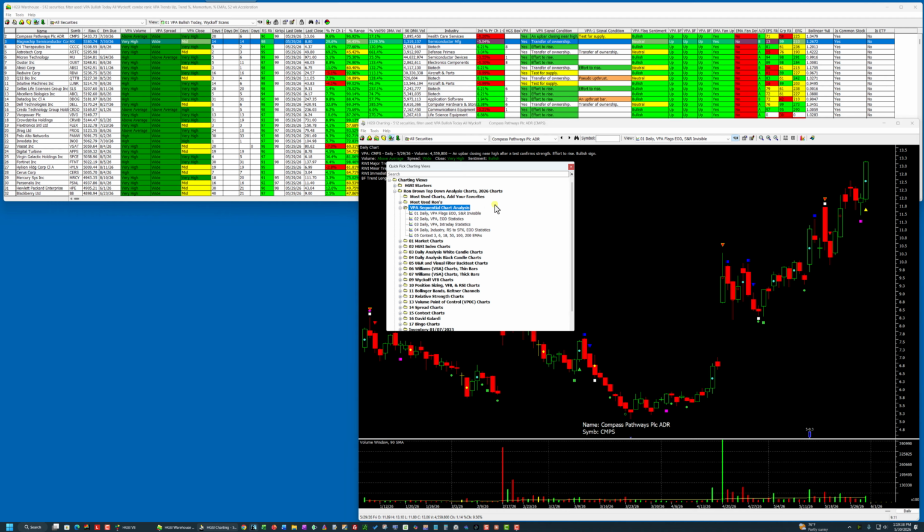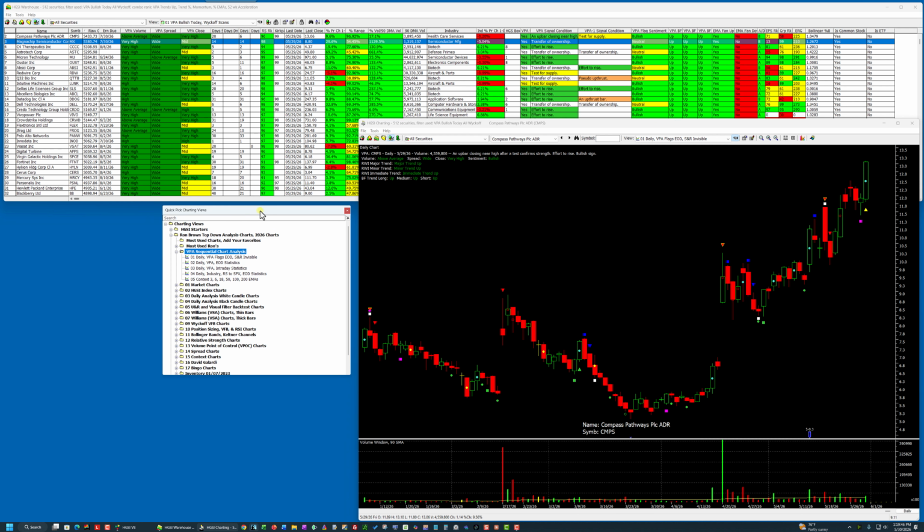So when you do the update for the add-on, you can just follow along with these charts. So let's take a look at this. I'll just use this current chart because I've covered this already. And the first one is just a naked VPA chart with the information about the VPA up here.